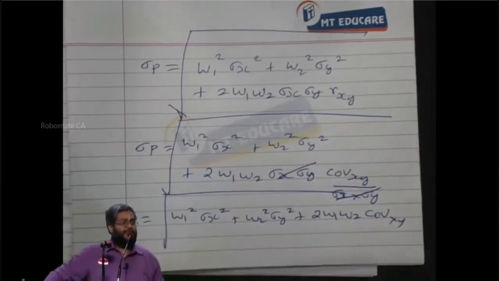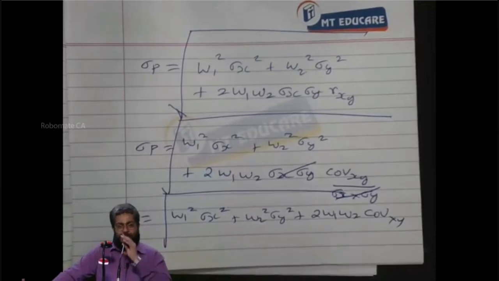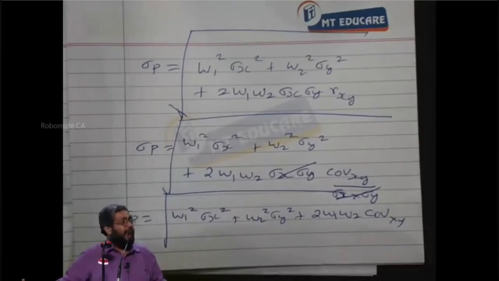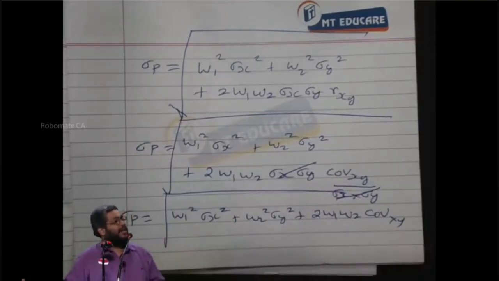The first formula is W1 square sigma x square plus W2 square sigma y square plus 2 W1 W2 sigma x sigma y correlation of x and y. The other formula is W1 square sigma x square plus W2 square sigma y square plus 2 W1 W2 covariance of x and y. Simply, we don't have sigma x and sigma y because they get cancelled in the correlation calculation. Just put covariance of x and y, yet another formula for calculation of the standard deviation of a portfolio. Everybody, are you following or not?